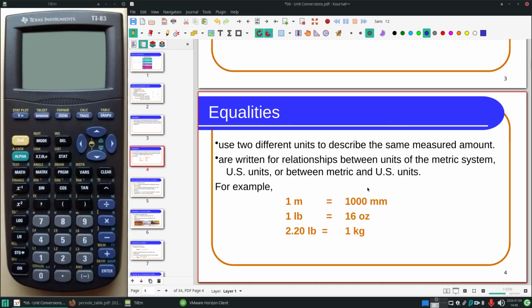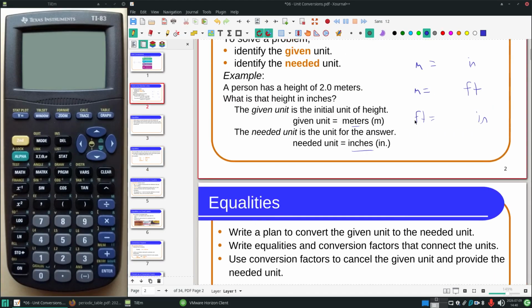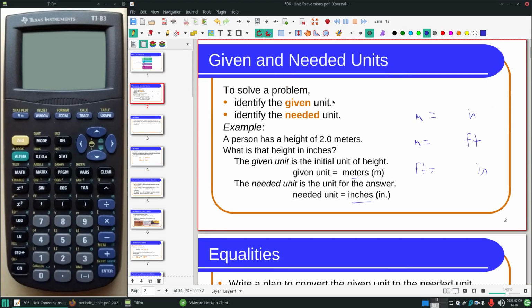Those aren't any useful to us anyway. But since I need meters, I would need my prefix conversion, which is meters to centimeters.